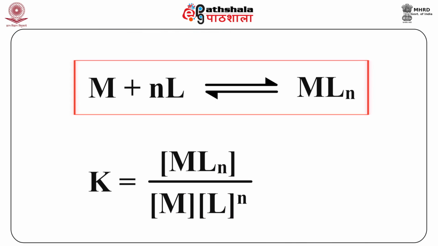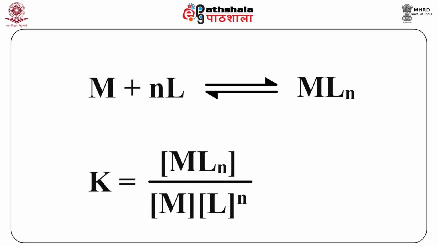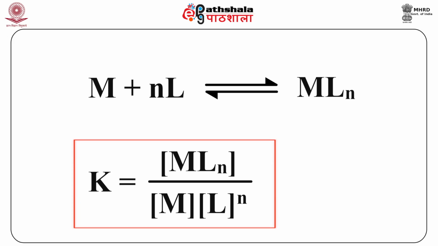Consider a reaction where the metal M reacts with n moles of ligand to form the complex MLn. The equilibrium constant for this reaction is given as K equal to the concentration of the complex MLn divided by the product of the concentration of metal M and the concentration of ligand to the power n.